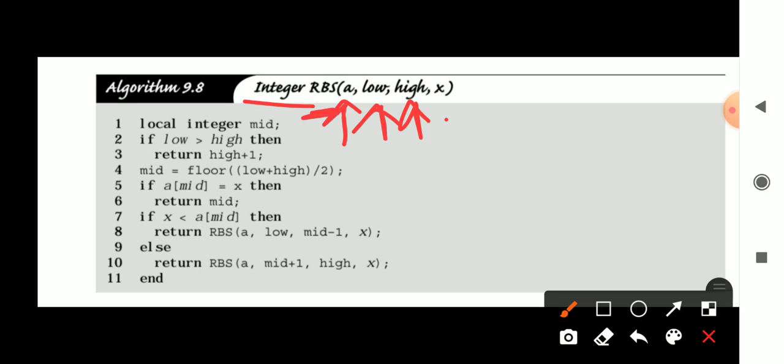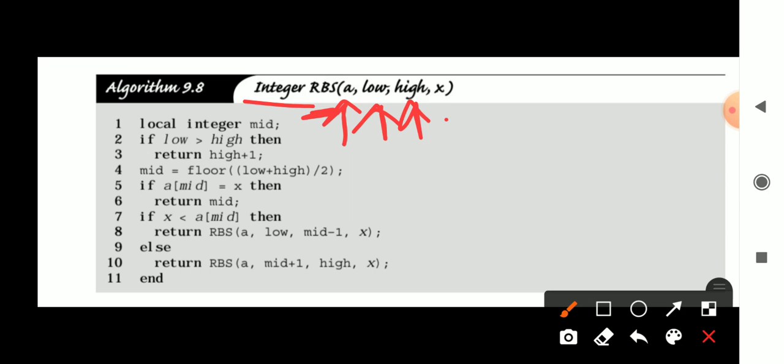Recursive means RBS is calling itself multiple times depending on the condition. What we saw in the last lecture, we are just replacing the variables low and high, and passing the parameters to the function.